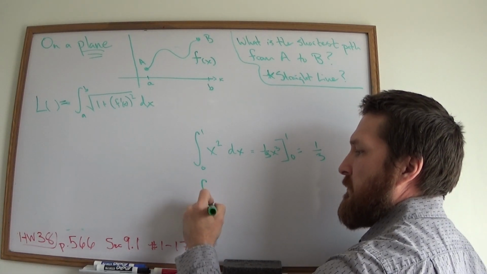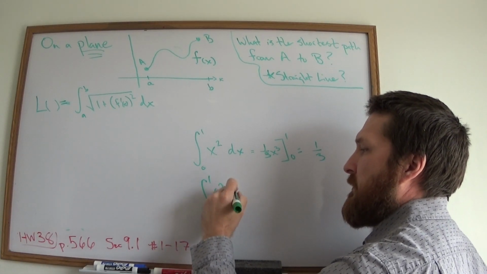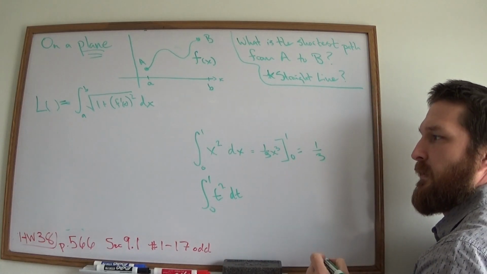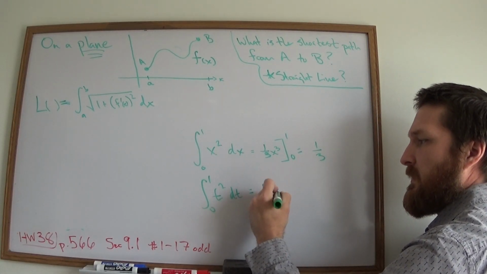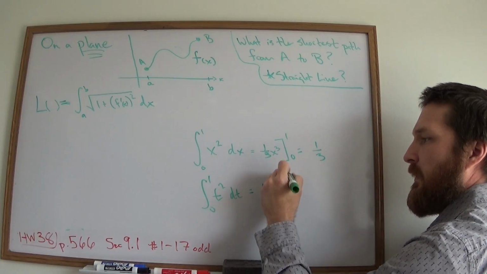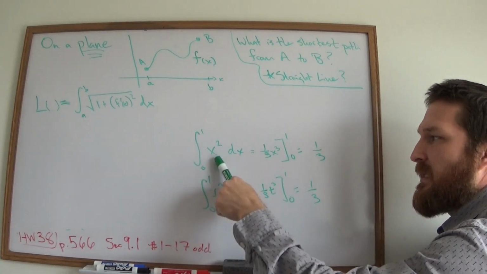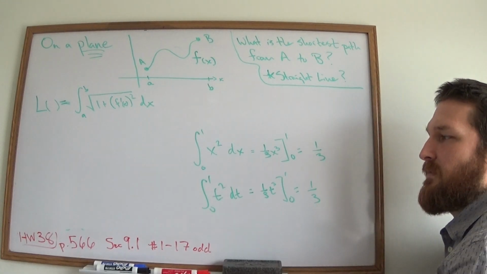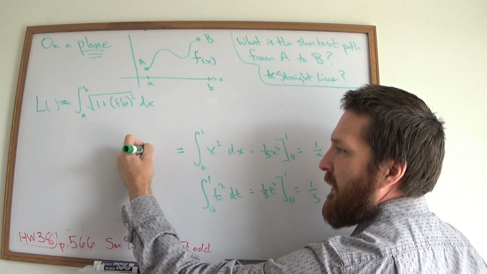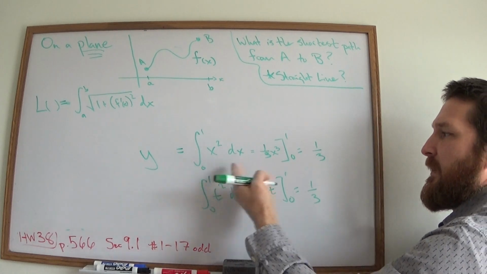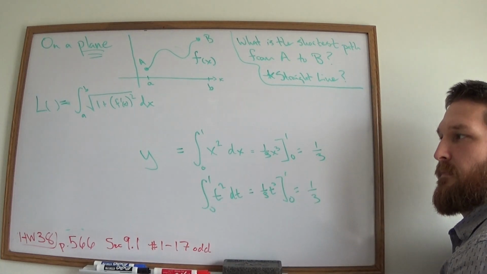Watch this. The integral from 0 to 1 of t squared dt is one third t cubed at 1 and 0, which is just 1/3. Did it matter what x or t was? So if I said here's y, it's not a function of x.